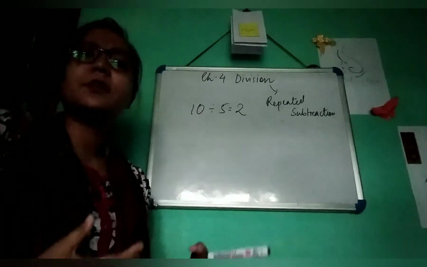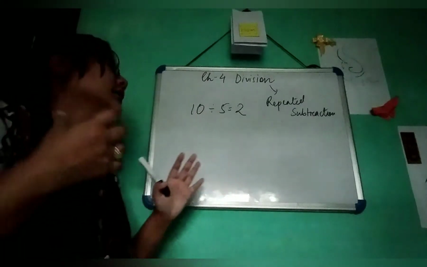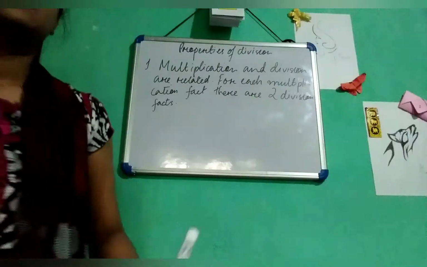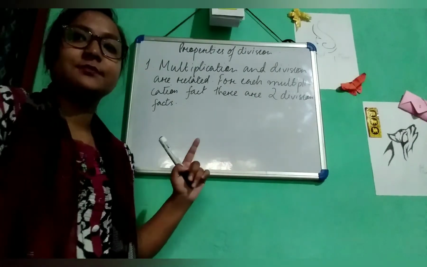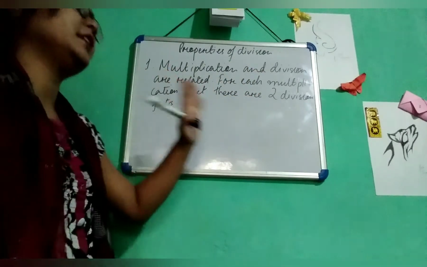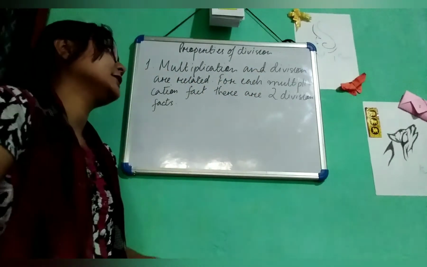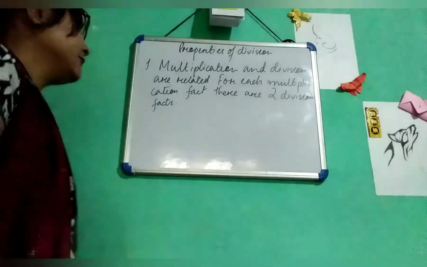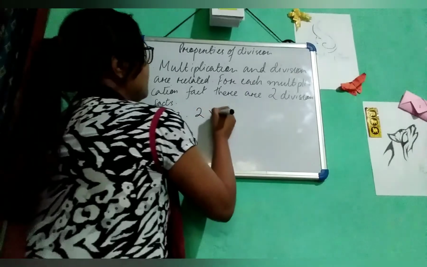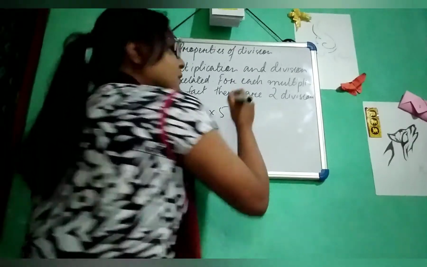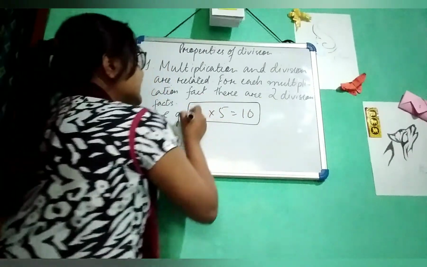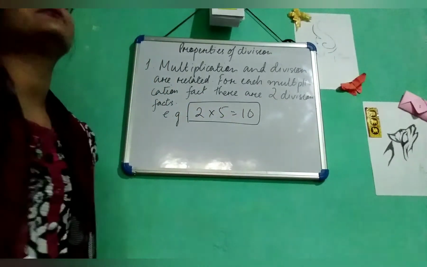So there are some properties also, we will learn these properties. The first property of division, a very important concept, is that multiplication and division are related. For each multiplication fact there are 2 division facts. So why is it so? As you have already learned, 2 into 5 is equal to 10. This 2 into 5 is a multiplication fact.